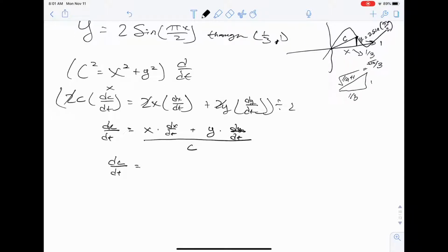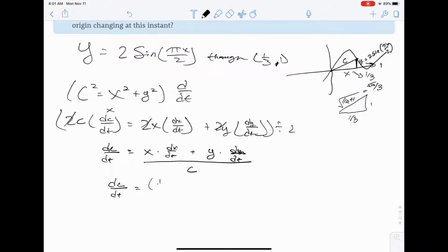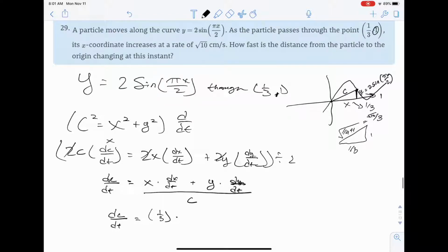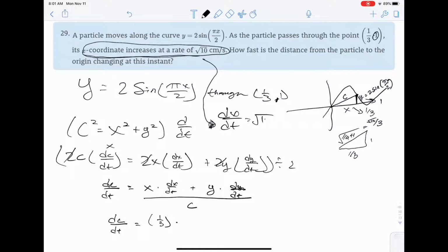We know x, which is just 1/3. We know dx/dt, which is the x-coordinate increasing at a rate of square root of 10 centimeters per second. That's also one of your givens. And this is what we're looking for right here.